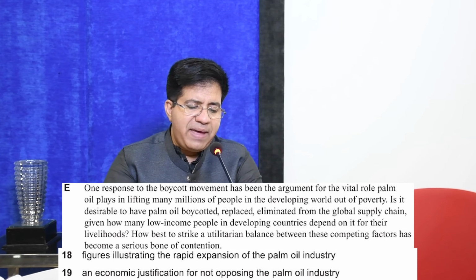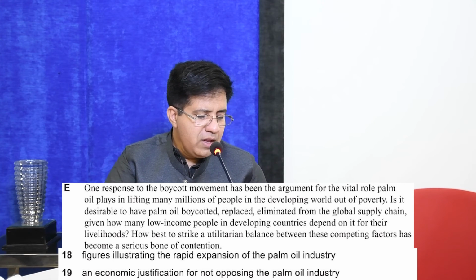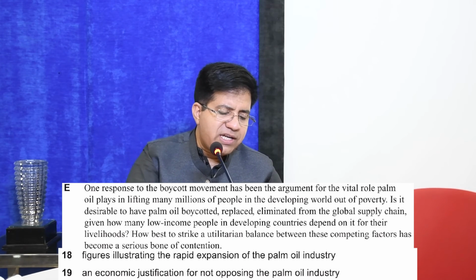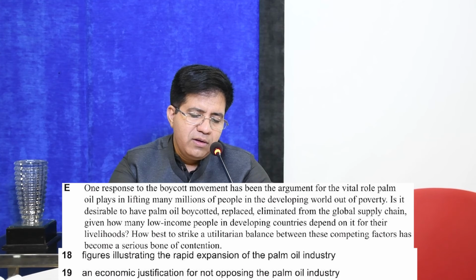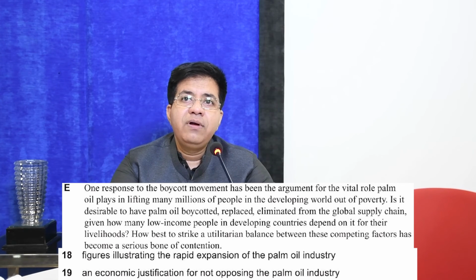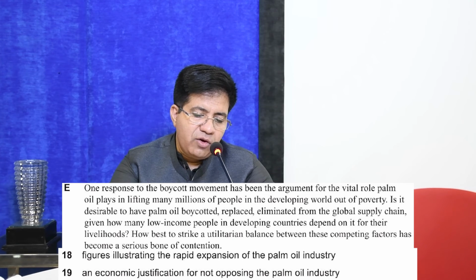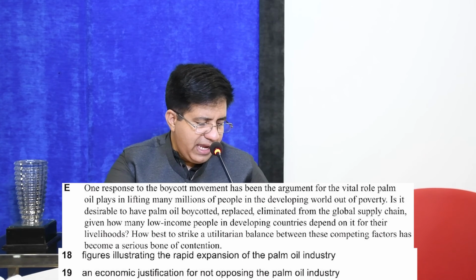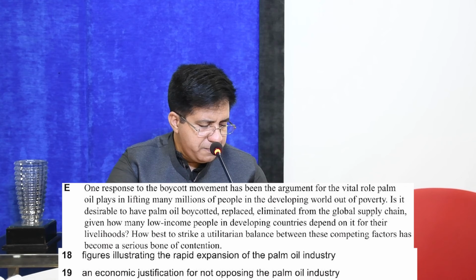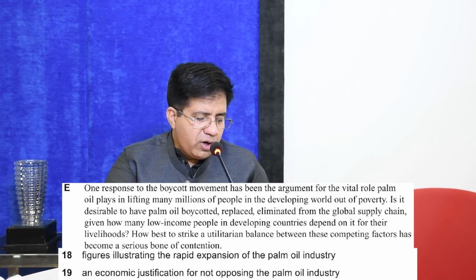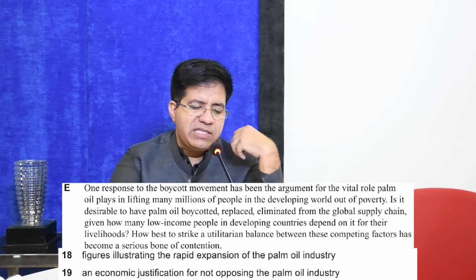Now what is it? Come back to the question. Economic justification. What is the economic justification here? Developing world out of poverty. That is their economic justification. And what else did they mention here? For not opposing the palm oil industry. Very simple.